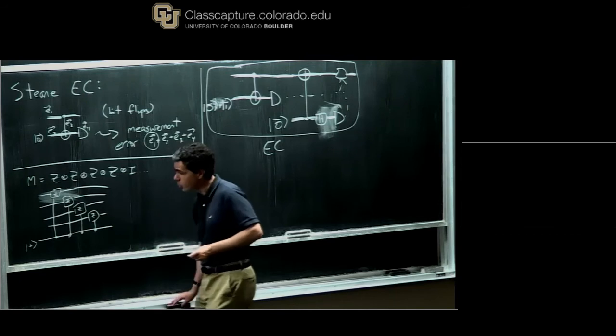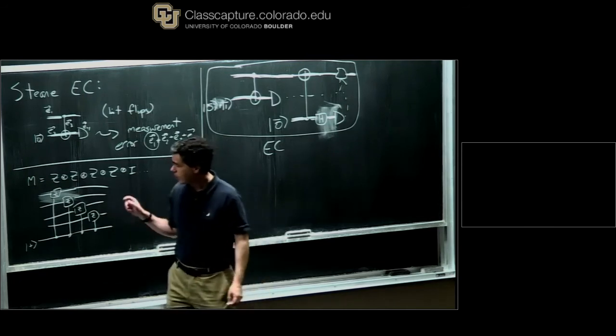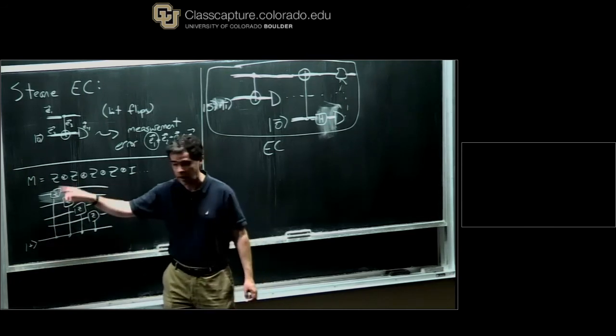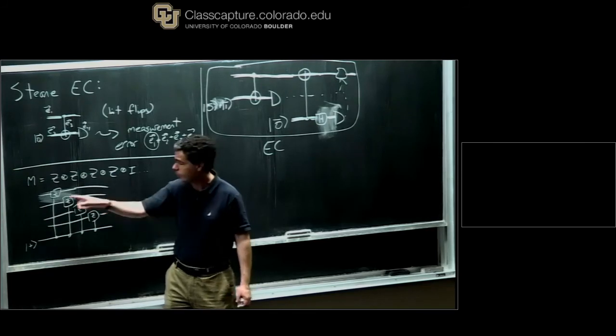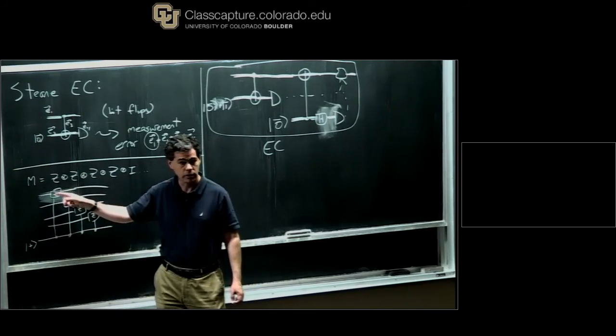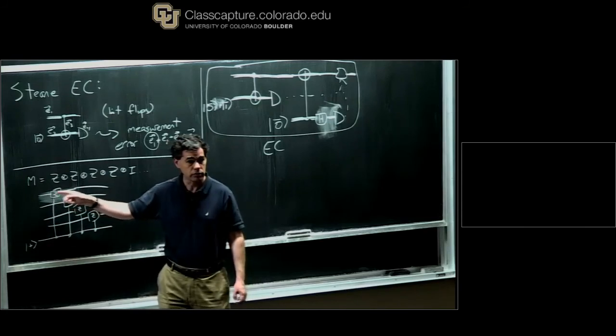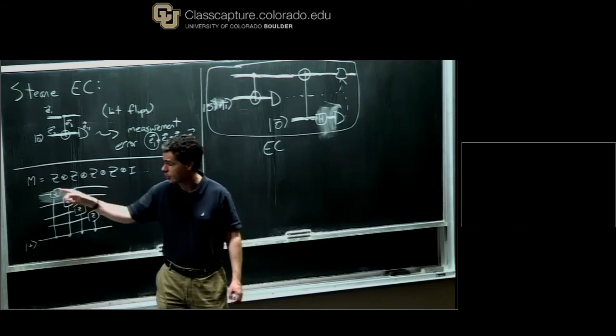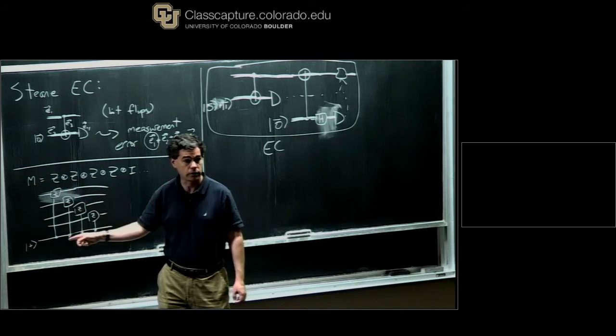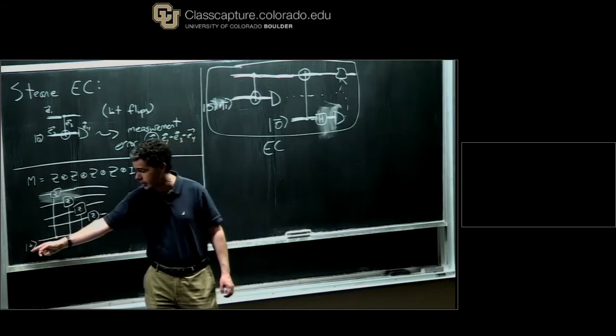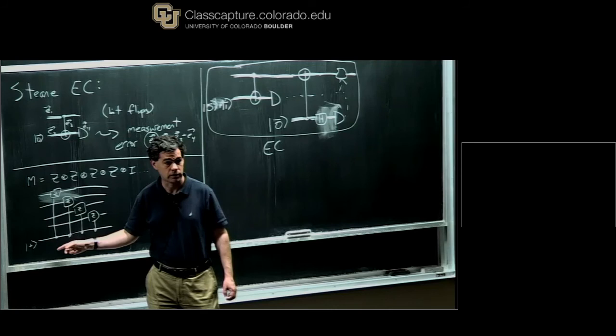So what does this do? Well, if we have a state with eigenvalue plus 1, every time we do a controlled Z, if that state is a 0, nothing happens. If that state is a 1, we get a phase of minus 1, right? Which will change the phase of this plus state.